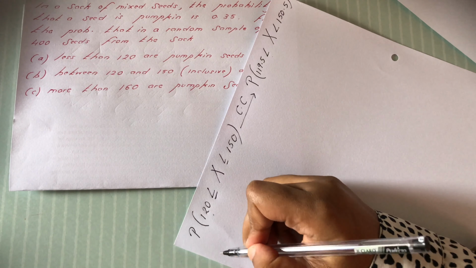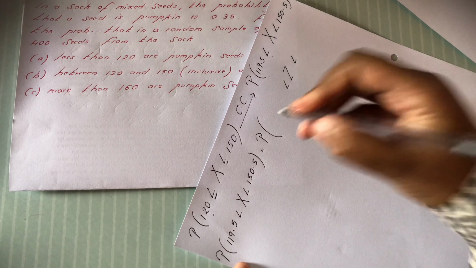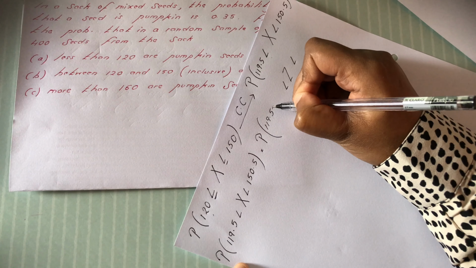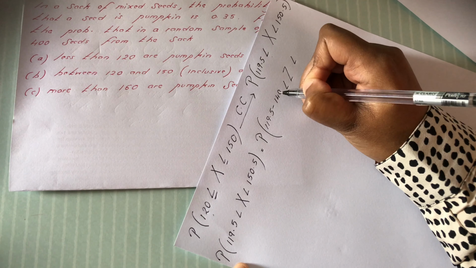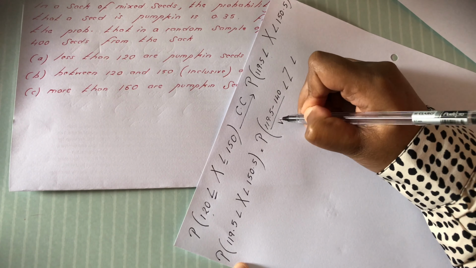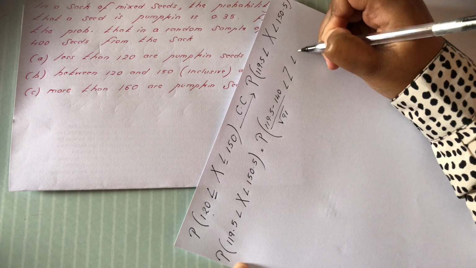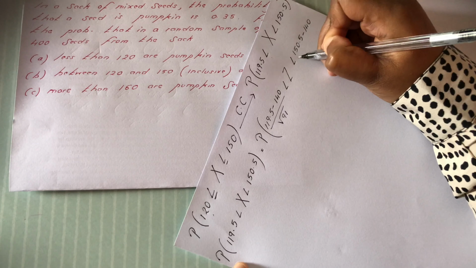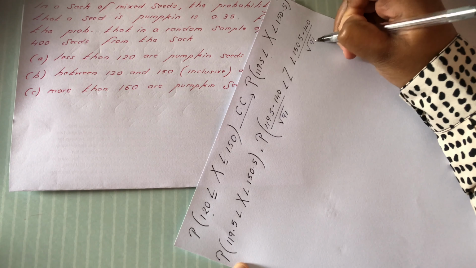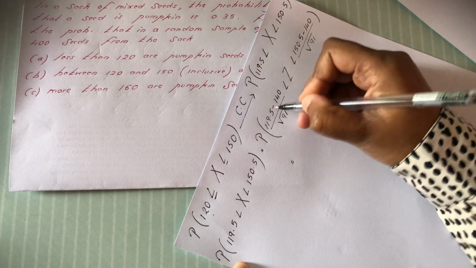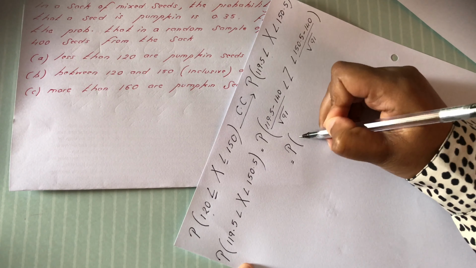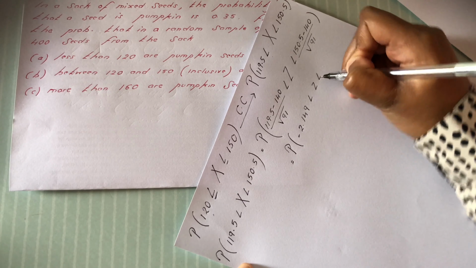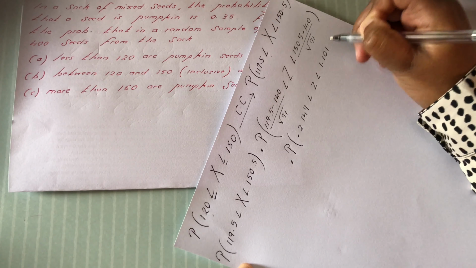Now we standardize. So we have 119.5 minus the mean, which is 140, divided by the square root of 91, and 150.5 minus 140 divided by the square root of 91. Simplifying these two, we have minus 2.149 less than Z less than 1.101.